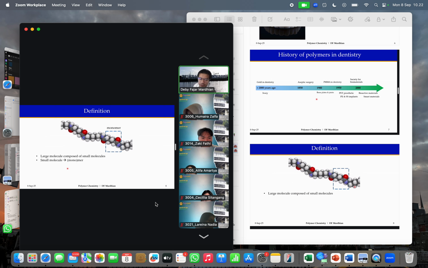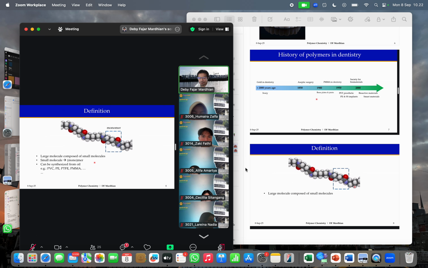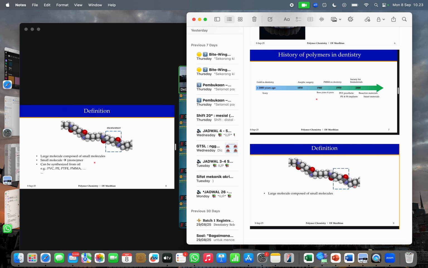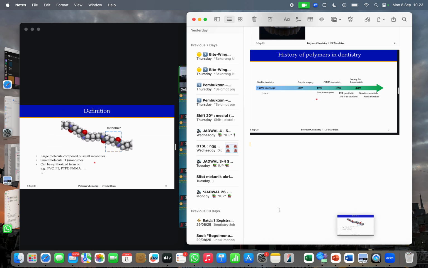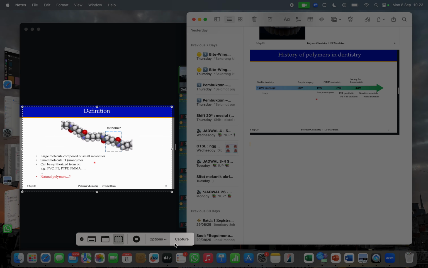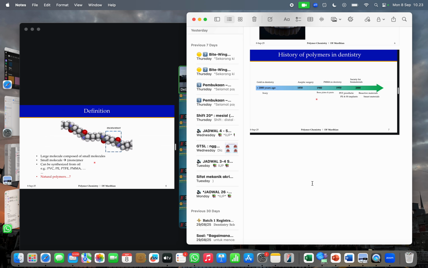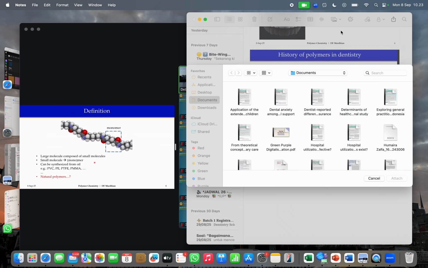It's already mentioned that the small molecule is called a monomer, and nowadays polymers are most likely synthesized from oil, like polyvinyl chloride, polyethylene, PTFE or Teflon, and then PMMA. We also have some natural polymers like rubber and alginate.